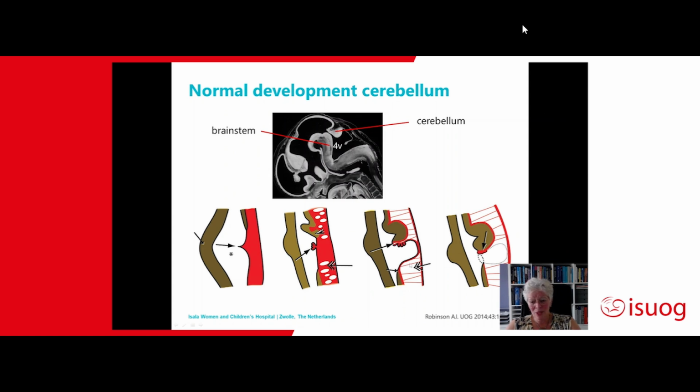It will become a cyst, and then the walls of this cyst will fenestrate, and then we have an open connection between the cerebrospinal fluid inside the brain and outside the brain through this foramen of Magendie. And we see that the choroid plexus is situated a little bit below the vermis on the outside roof of this Blake's pouch.